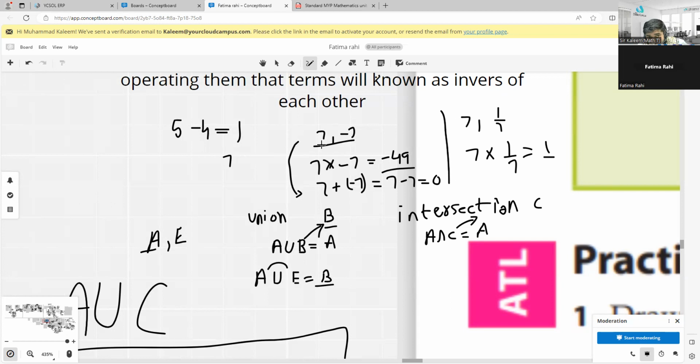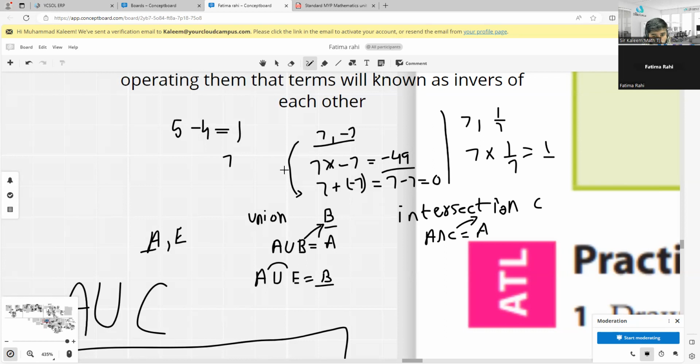While we have to check multiplicative inverse, you have to do multiplication. While checking the additive inverse, you have to add them and check, did we get the additive identity?